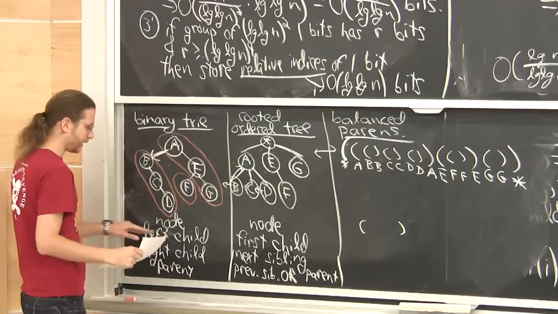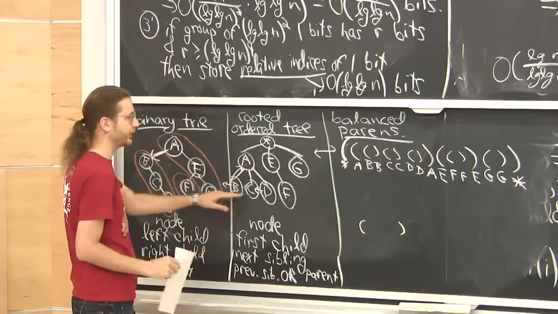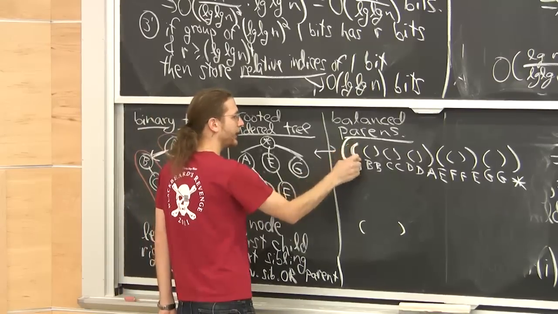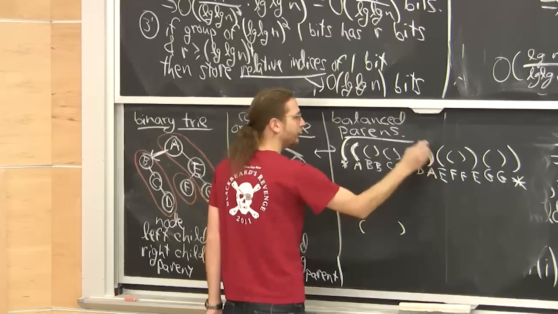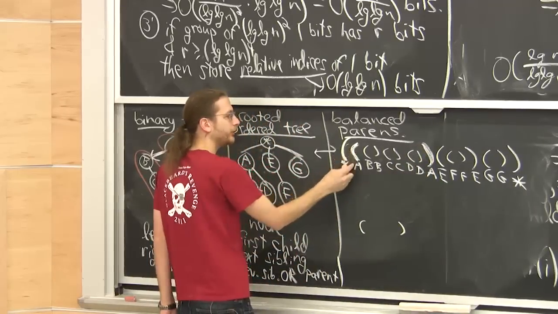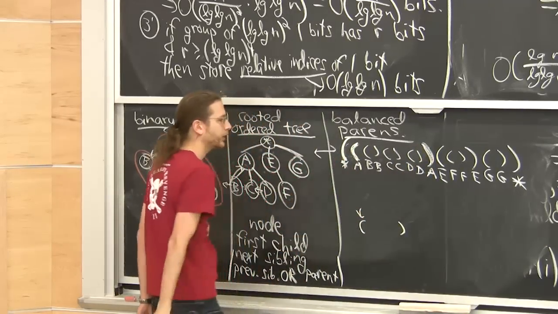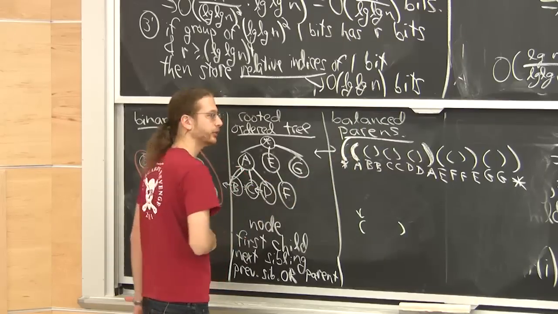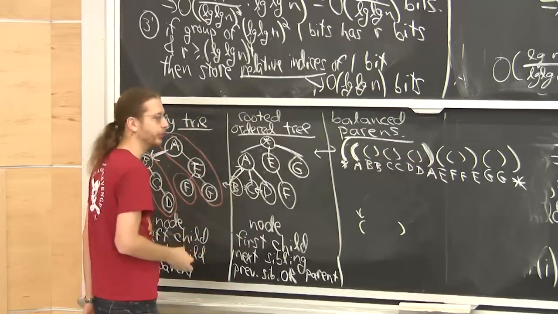So we want first child here. If I have a paren, like look, I'm looking at A. So A corresponds to this paren and this paren. I'm going to represent the node, let's say, by the first paren. Then the first child is just the very next character. Right? You put the first child right after that open paren.